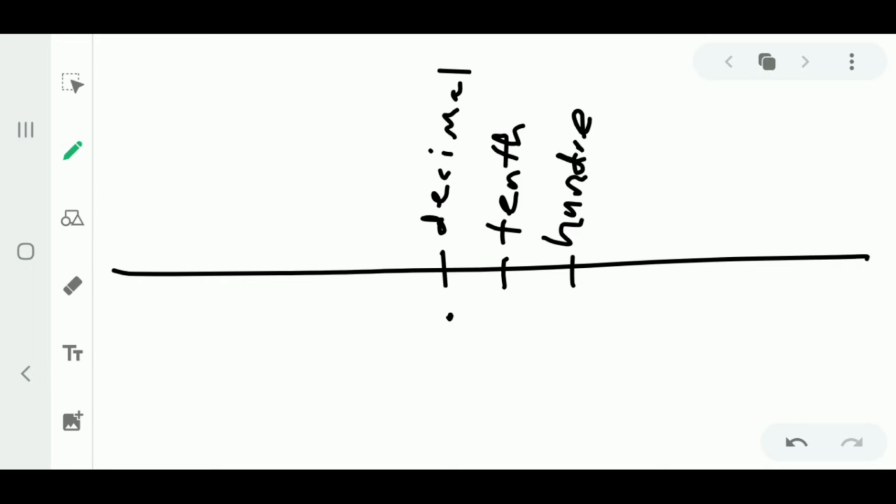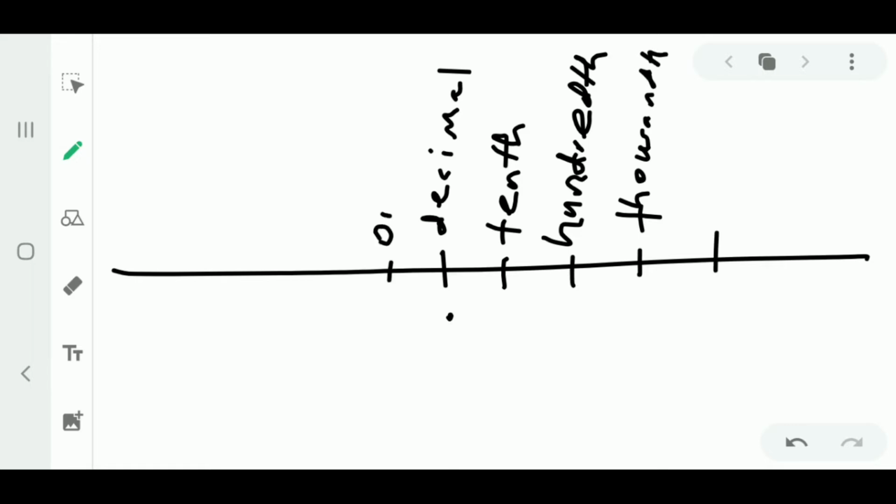So we need to know what the placement chart is for numbers. So this is the decimal point, decimal. This is tenth, hundredth, thousandth, and it continues.